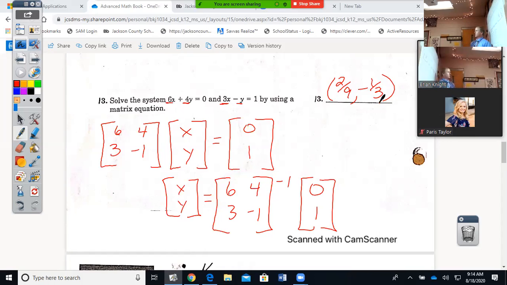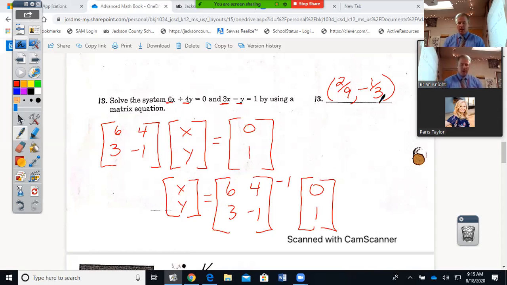Any questions? Yes, Paris? How would I do it without a calculator? Because I don't have one. I know, you'll have to do it the long way. Oh, I found an app on my phone. It's exactly like a calculator. It's called Calculate 84. Okay, did you try this on it? Did it work? Oh, okay.